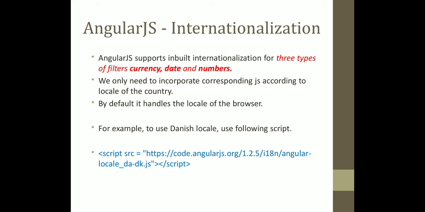For example, to use the Danish locale, you can use the script tag with a source, and at the source link you can see at the last, after giving the version, angular underscore locale underscore da dash dk dot js.